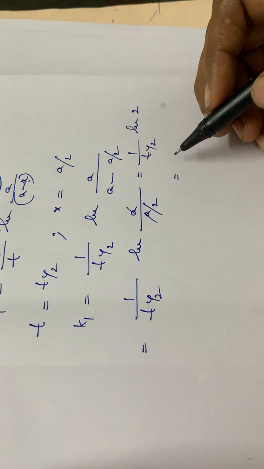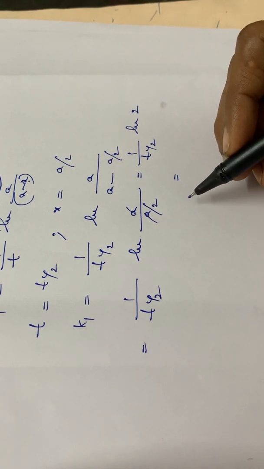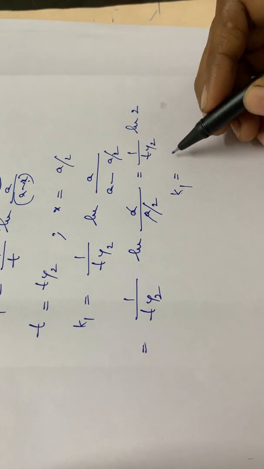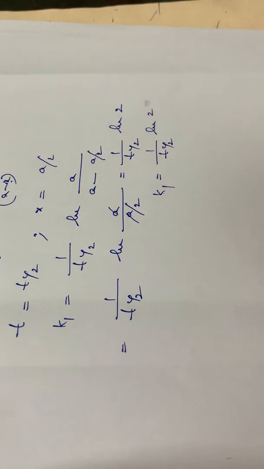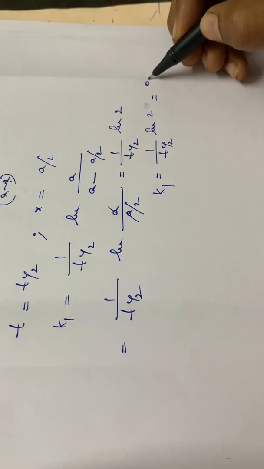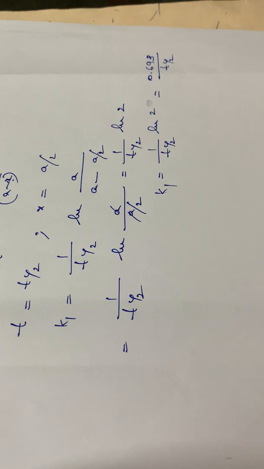So K1 is equal to 1 by T half into ln 2, which is equal to 0.693 by T half. ln 2 is 2.303 multiplied by log 2, and log 2 is 0.3010.